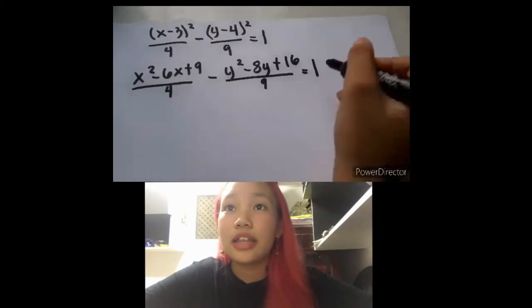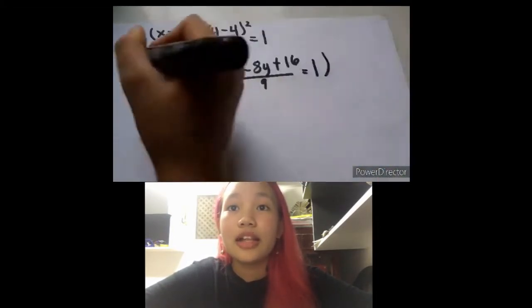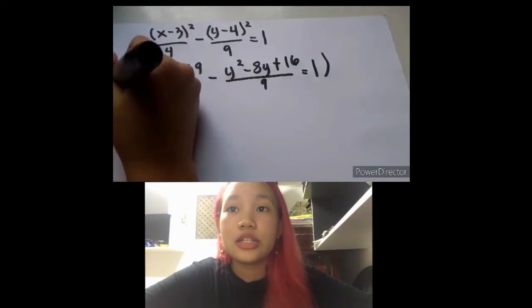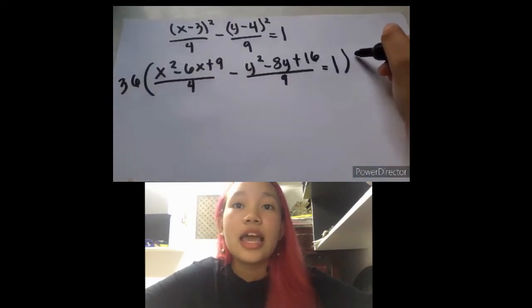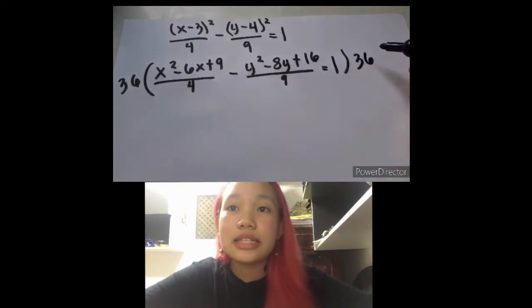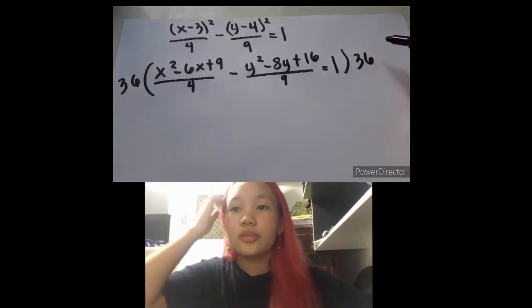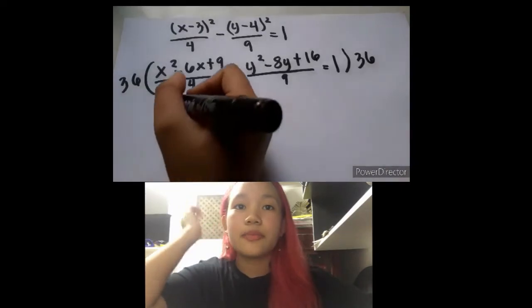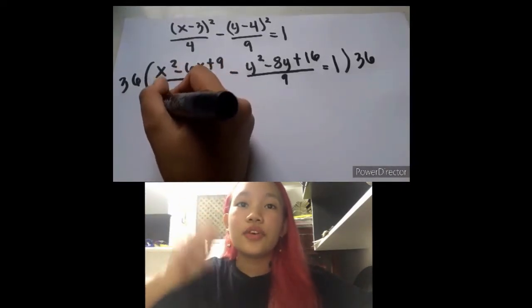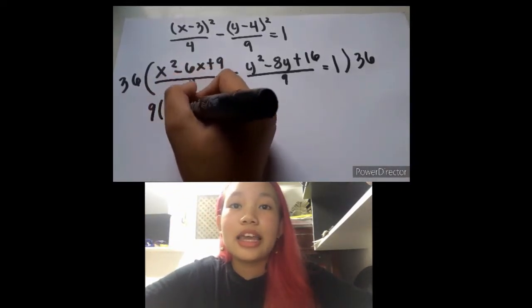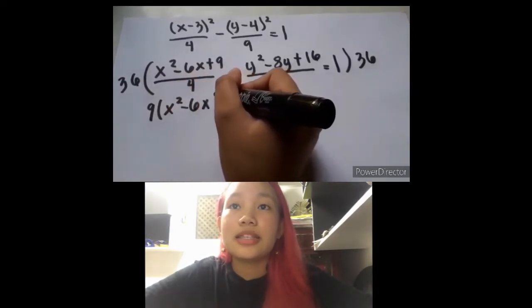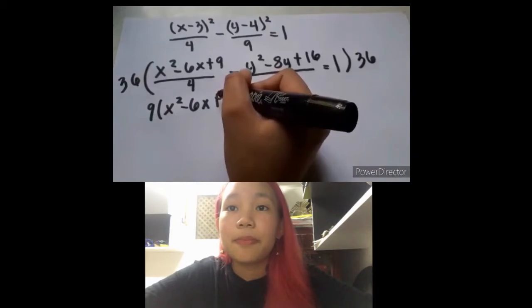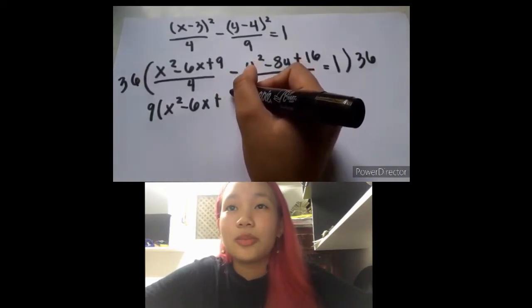So let's now find the LCD. The LCD of 4 and 9 is 36, so we need to multiply all the terms by 36. We will now have 36 times the first term, and 36 over 4 is 9, so this becomes 9 times (x squared minus 6x plus 9), minus 36 times the second term.